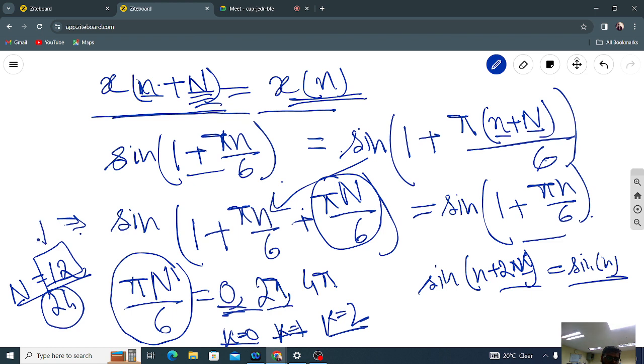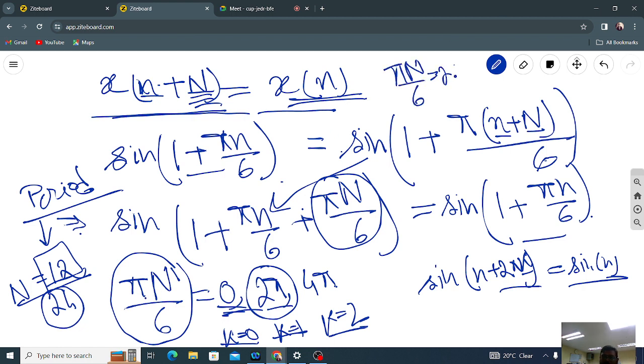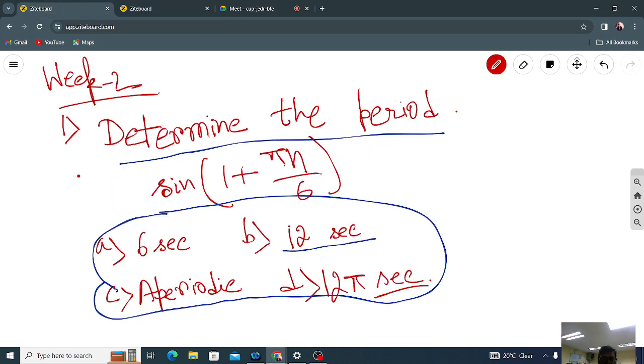So basically this is the main period, because it comes from the factor 2 pi. Just equate pi N by 6 equal to 2 pi, you will get N equal to 12. So the correct option is 12 seconds.